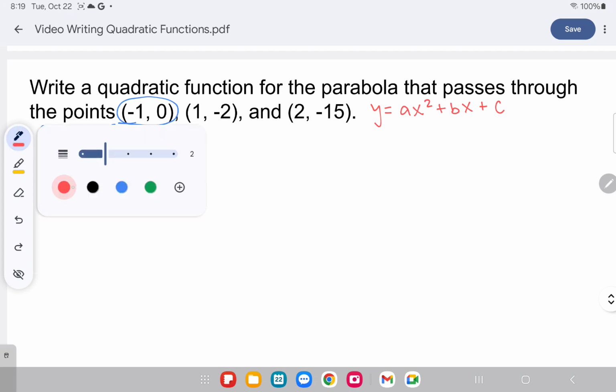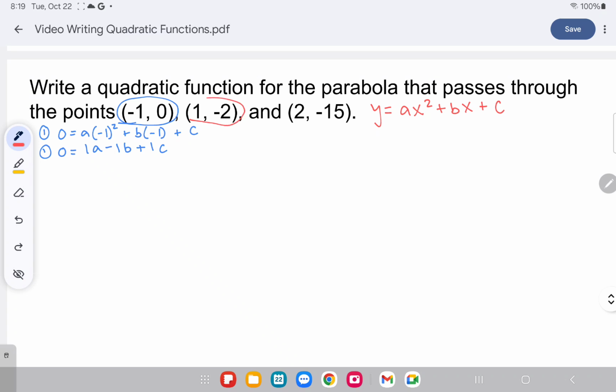All right, now for my second equation, I'm going to use the second point. This time, my y is negative 2. My x is 1. So when I simplify this a little bit, I have 1a plus 1b plus 1c equals negative 2.